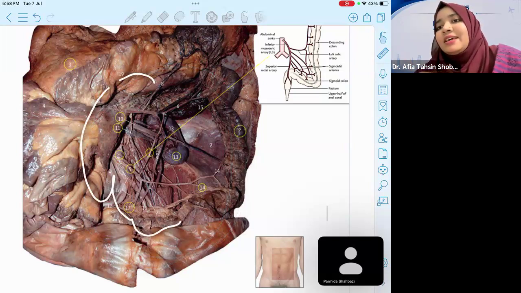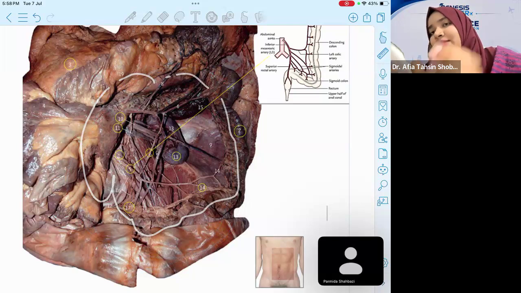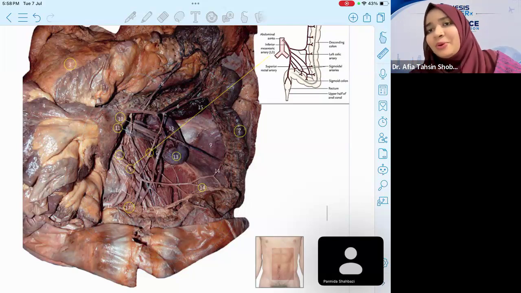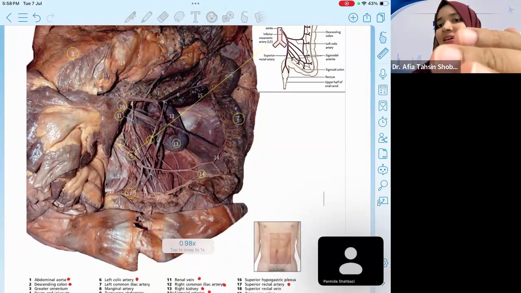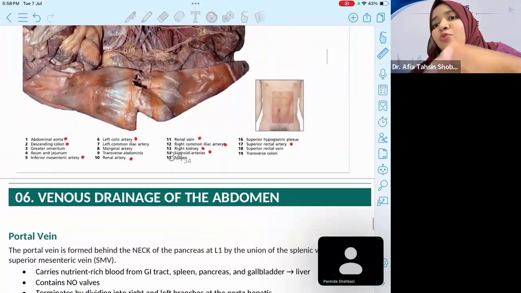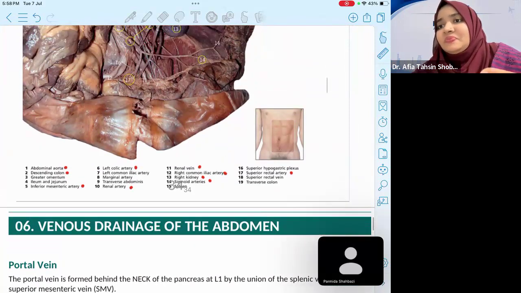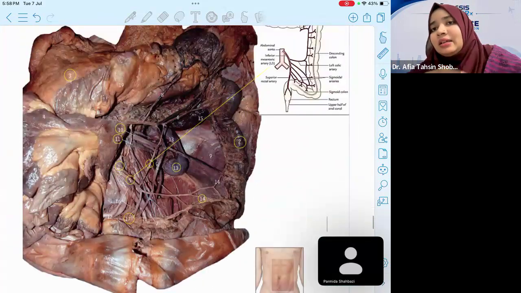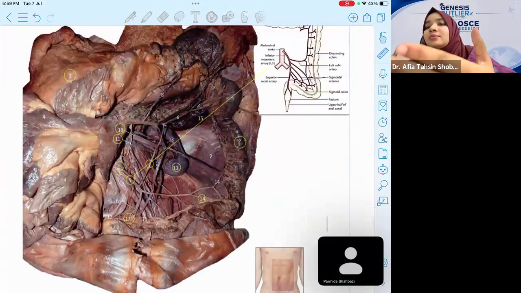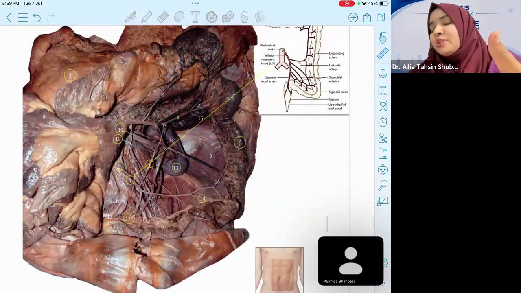You won't get the things here in an organized way, like a normal simple diagram. You have to remember how they are marking it here, because most of the structures are reflected, and it is not an ideal picture. Don't worry, it is not important for MRCS, and it is not coming.